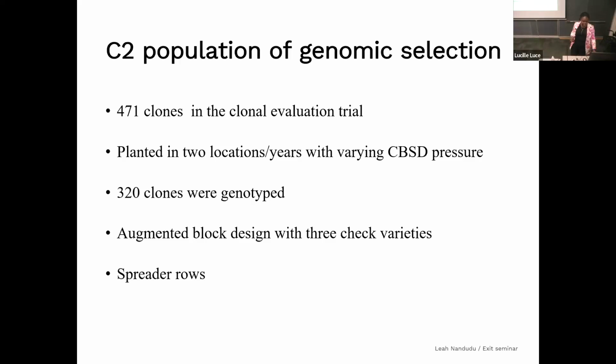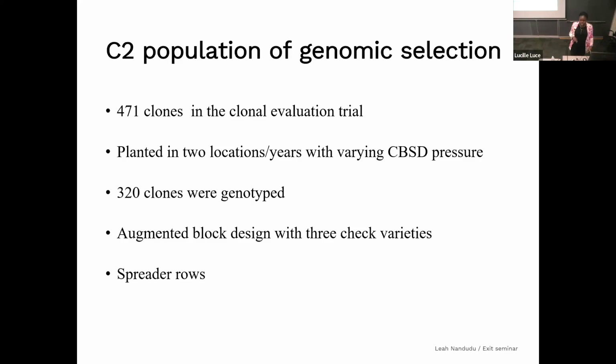It's a C2 population. It had 471 clones that were evaluated in the clonal evaluation trials. So when you think about cassava breeding, we have a seedling trial, we have a clonal evaluation trial, advanced yield trial, then the farmer trial. So a clonal evaluation trial is as diverse as the seedling trial, but we have replication in this case that we don't get in seedling trials.